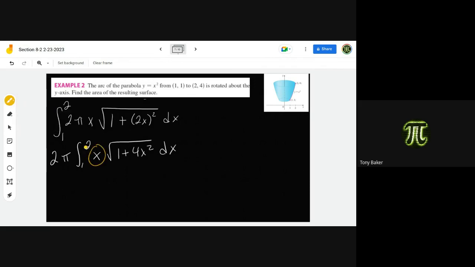That x right there is really, really nice, because of that x, I can do u substitution. So u is 1 plus 4x squared, and du is 8x dx, which is 1/8 du equals x dx.